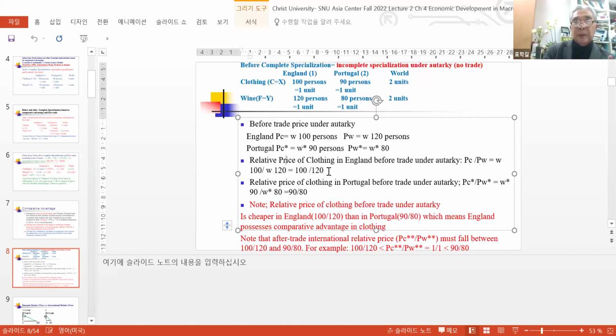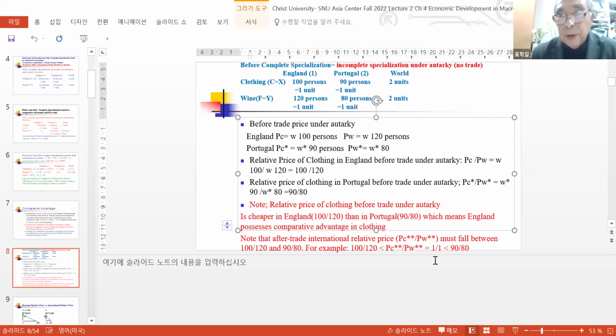That's why England, the lower relative clothing price country, has a comparative advantage in producing clothing rather than wine. Note, the relative price of clothing before trade under autarky is cheaper in England than in Portugal, which means England possesses comparative advantage in clothing. Note that after trade the international relative price must fall between 100 divided by 120 and 90 divided by 80.